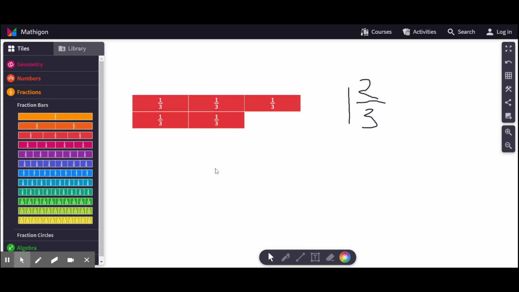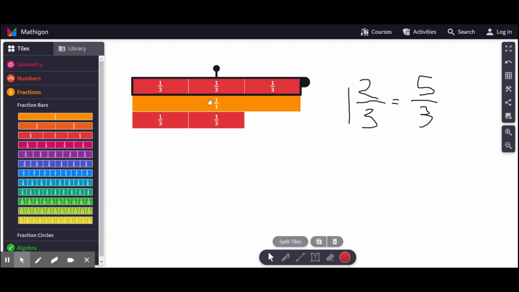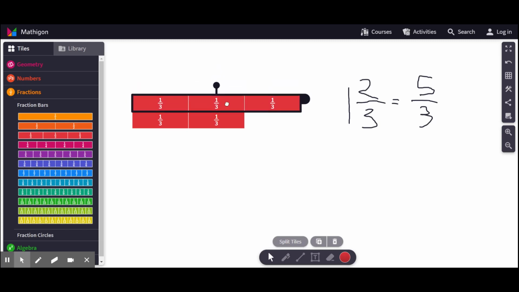So another name for 1 and 2/3 is 5/3. We've renamed it, but we haven't changed the amount. When I put this over the whole, it's exactly the same as a whole, so I didn't change the amount.